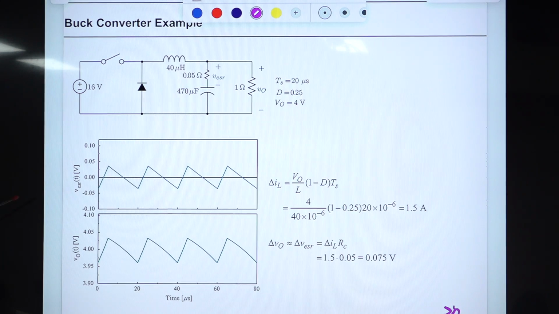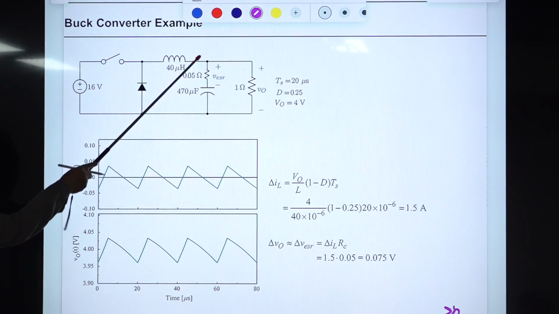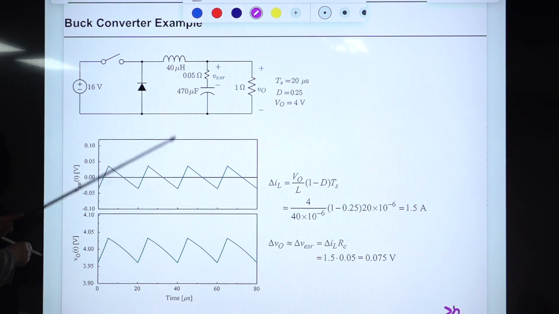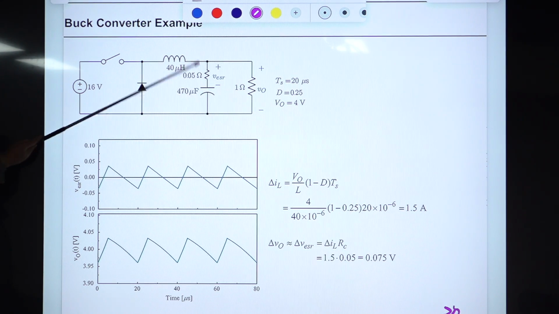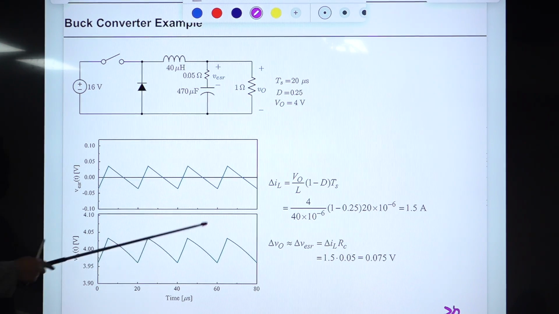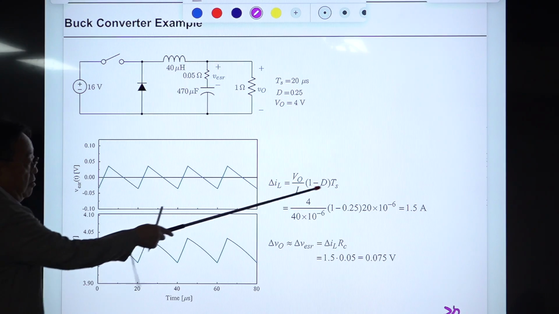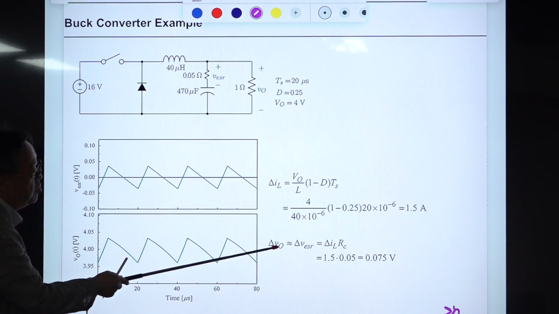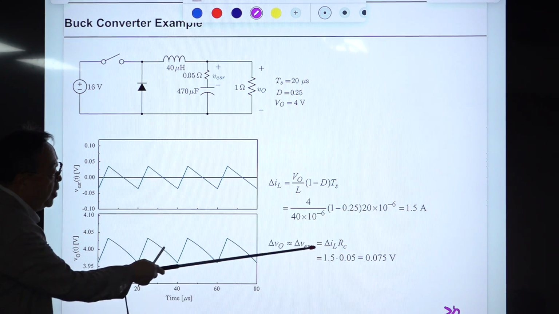Okay, so you have one example here. So this is VESR. The AC component of the inductor current, a triangular waveform, is passing through this. So this triangular waveform of capacitor current times this one is this one. This is perfectly triangular waveforms, and we evaluate this del IL based on the ideal equation, and this AC component of our voltage is approximately this one.